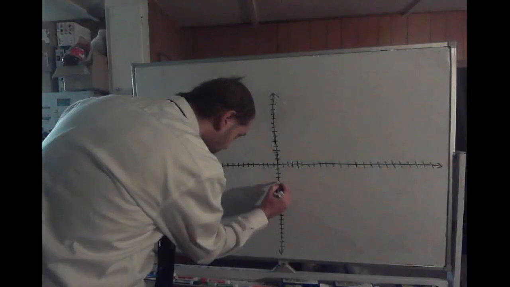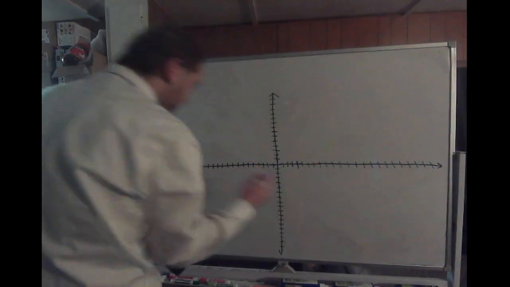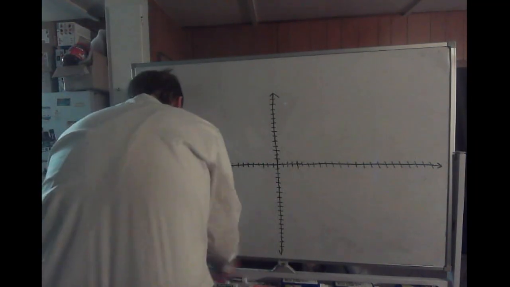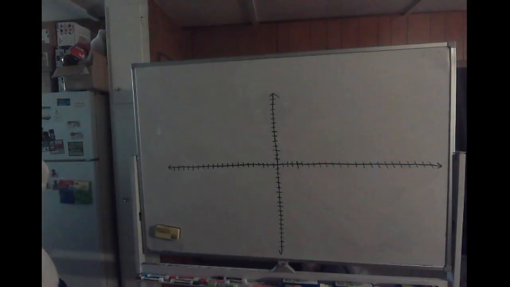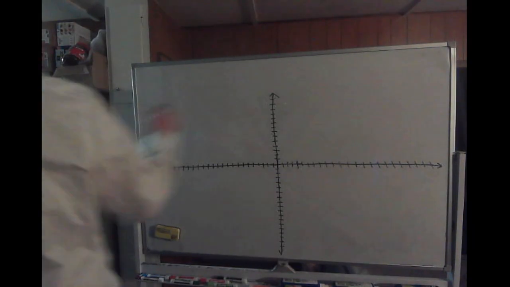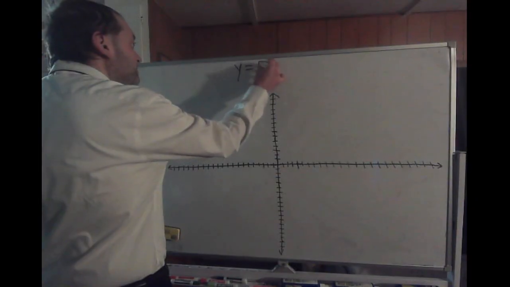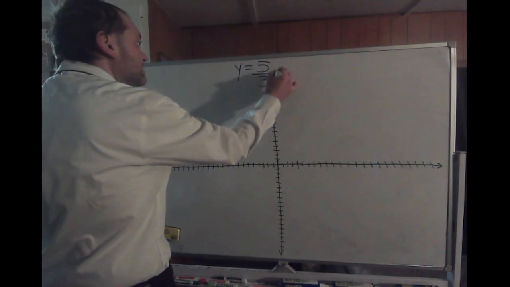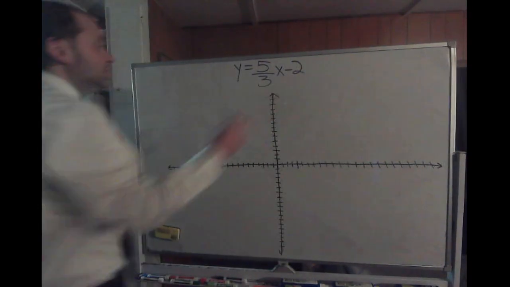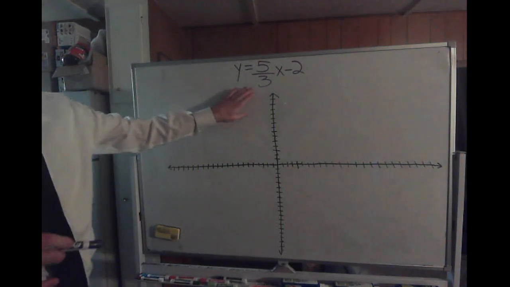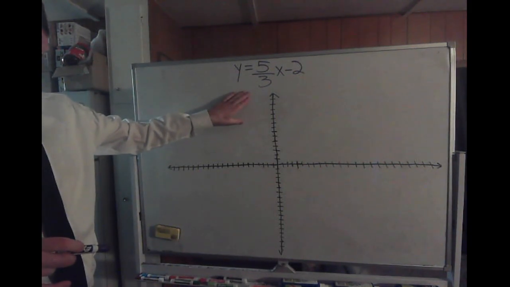All right, plot that. There we go. All right, what about the graphing part? So we have the equation y equals 5/3 x minus 2. So you're given y equals 5/3 x minus 2.